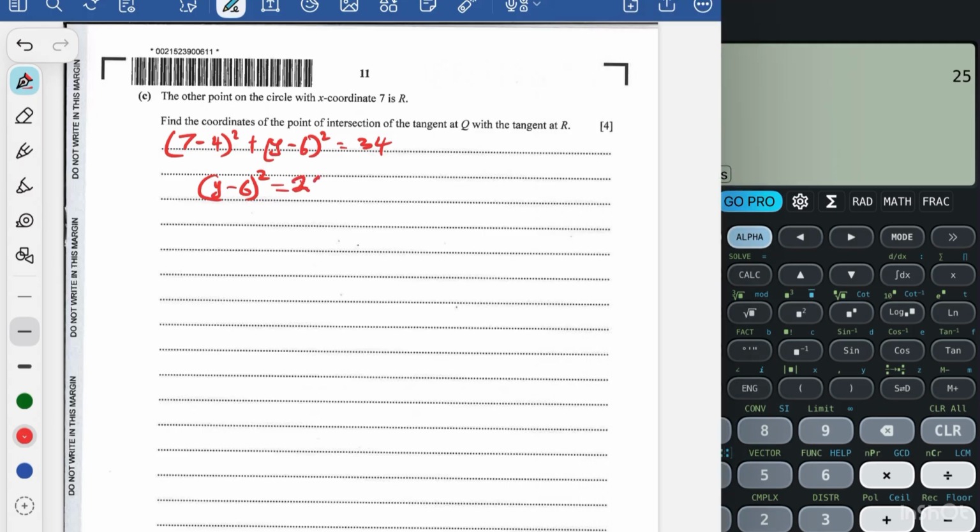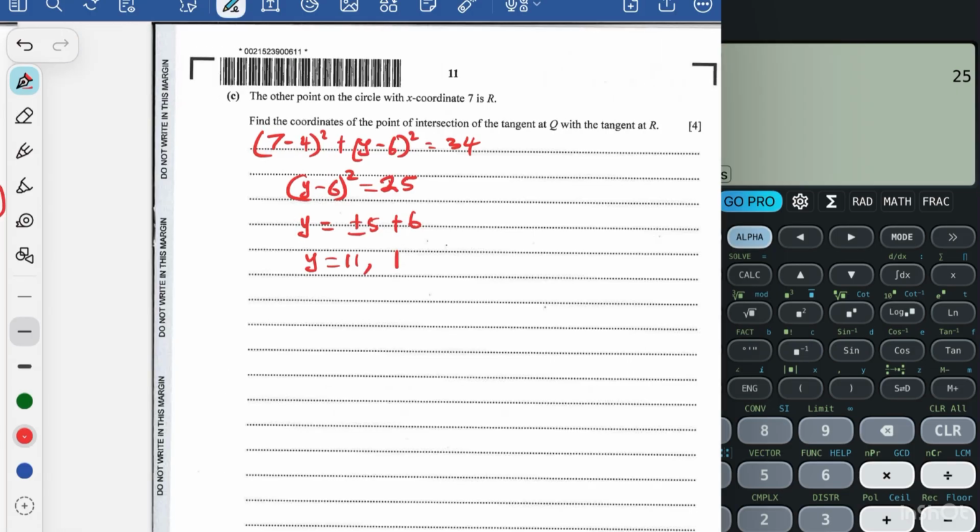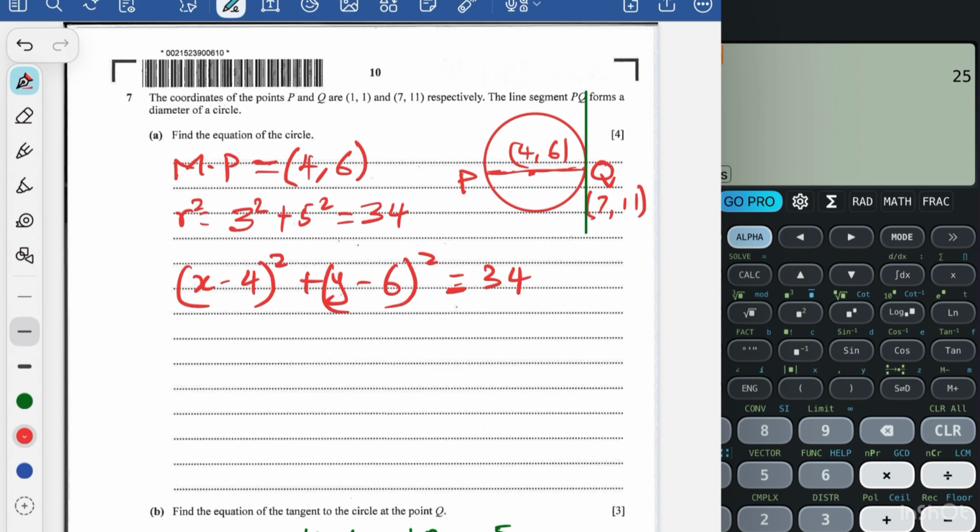So y will be plus or minus 5 if I take the square root, plus 6. So my y is 11, or my y is minus 5, so 1.